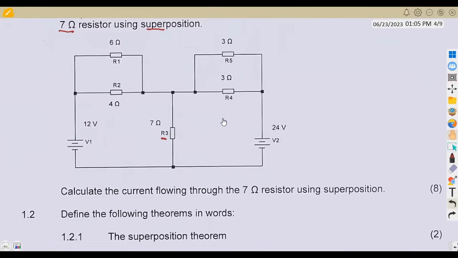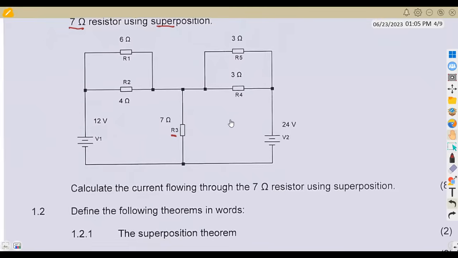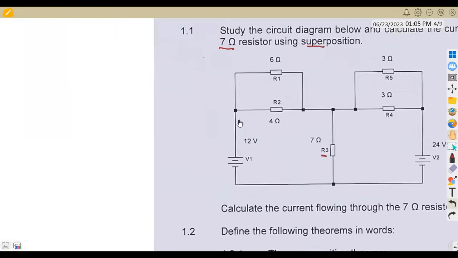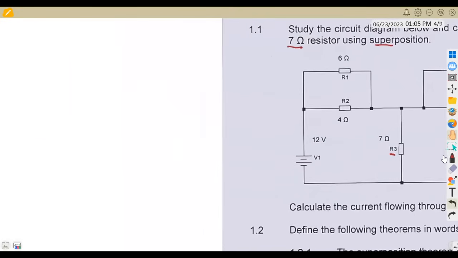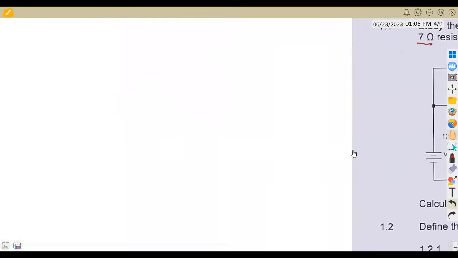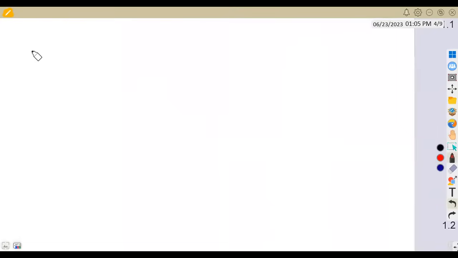All right, so let me explain this in calculation. Let us start with V1 in this case. Let us see what is going to happen if we short circuit V1 in this circuit. This part here is going to be a short circuit. If you check, that is our question 1.1. We are going to short circuit V1, or we start with V2, depending on what you want. In this case, let us start with V1.